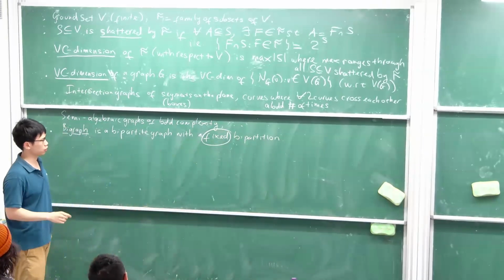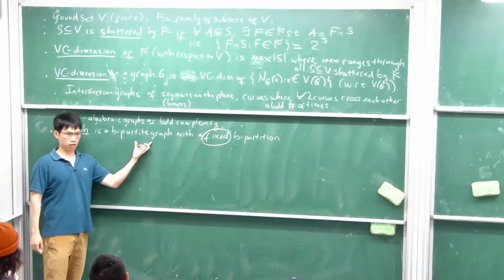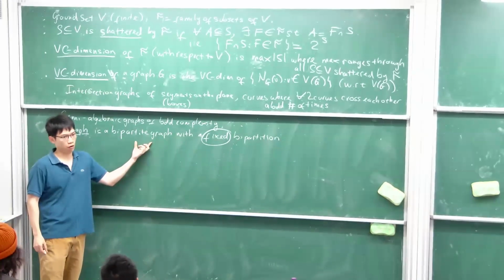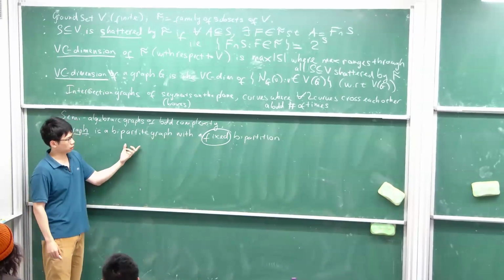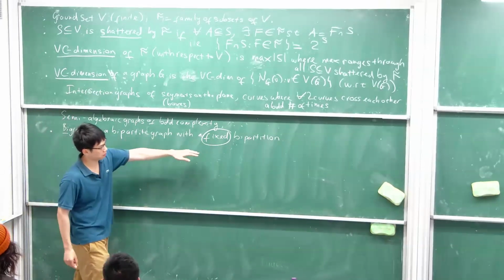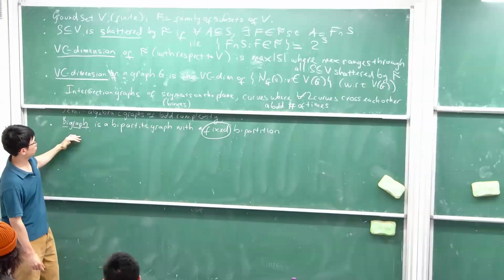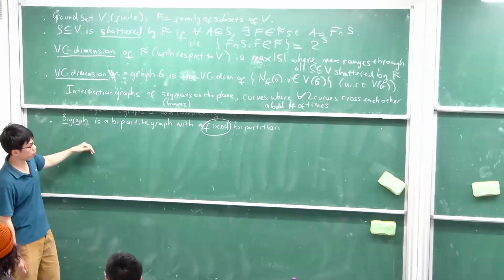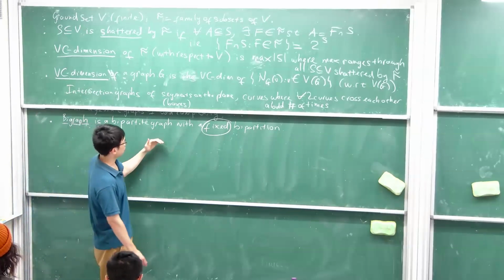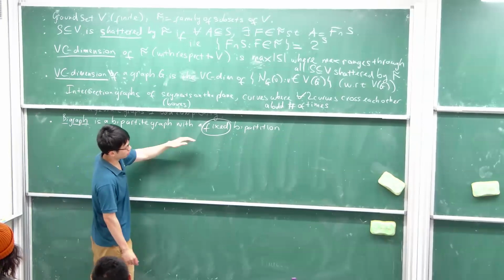The reason is that a bipartite graph can have many partitions. For example, take a graph with no edges; no matter how you partition the vertices, you get a bipartition. But whenever I talk about a bigraph in this talk and maybe tomorrow, I will always assume that it is a bipartite graph with a given partition.